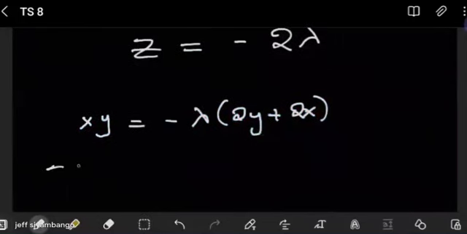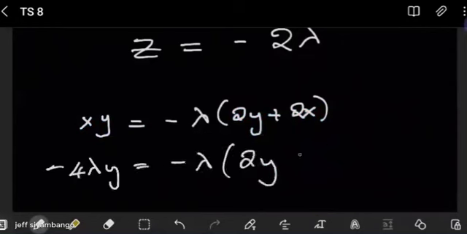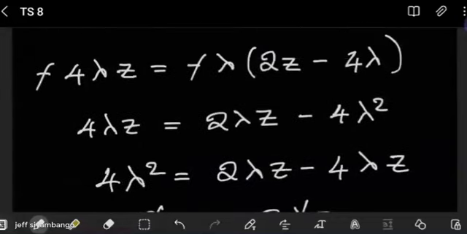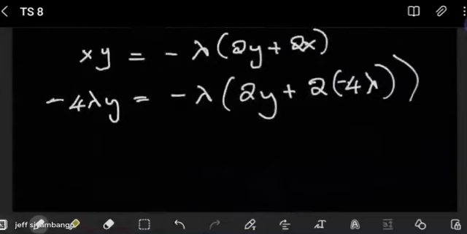So now we have minus 4 lambda y equals minus lambda, then 2y, then we have plus, this becomes minus. I see x there, so let's say plus, it's going to be 4 lambda minus, of course. Is that correct? Let's see, minus 4 lambda, yes. Minus minus goes, we have 4 lambda y.